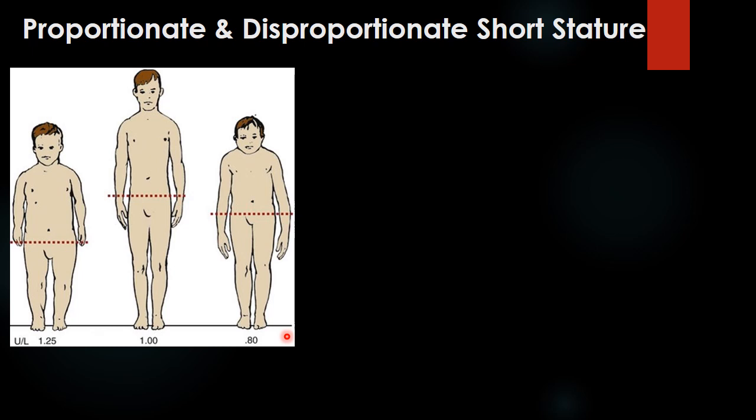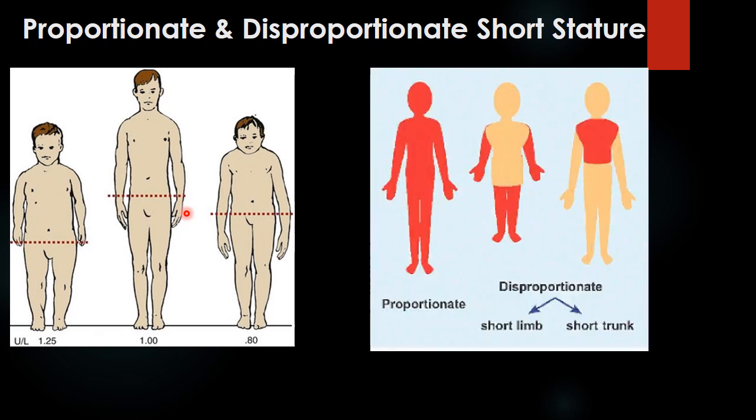Now, if the upper segment to lower segment proportion is according to the age of the patient and the child is short as far as height is concerned, this is called proportionate short stature. But if either the upper segment or the lower segment is disproportionate to what is normal for that age, this is called disproportionate short stature.